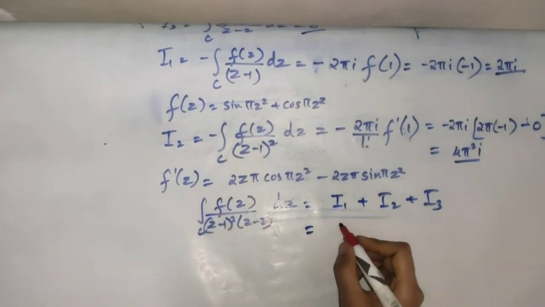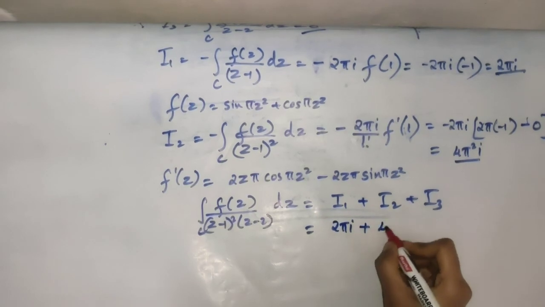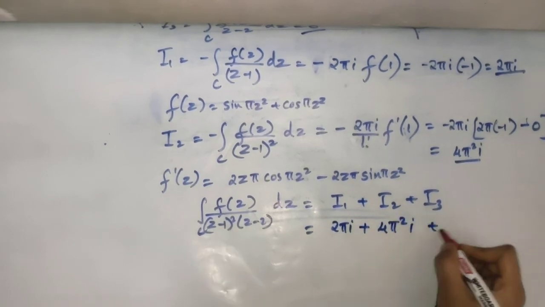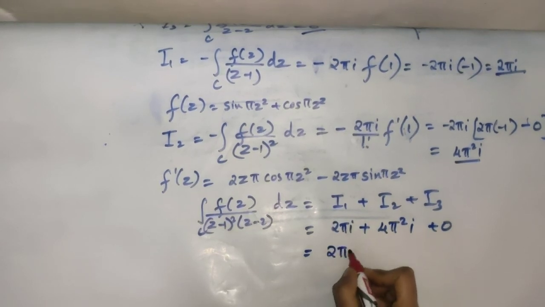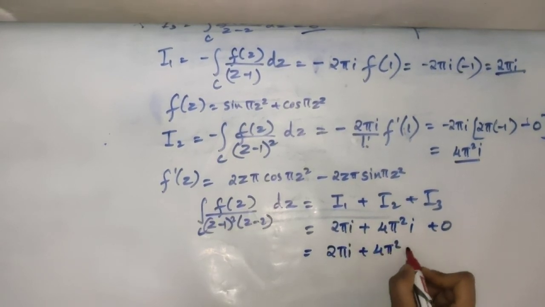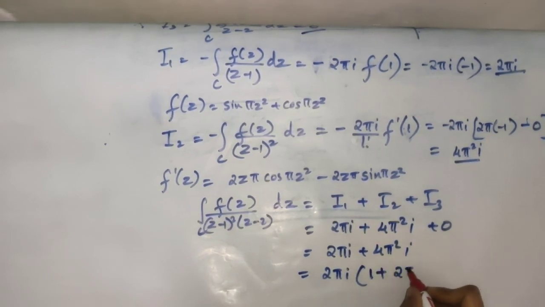The I1 value we got to be 2 pi i and the I2 value we got to be 4 pi square i. So let us add all together. You see that it is 2 pi i plus 4 pi square i. You can take 2 pi i common. You will get it as 1 plus 2 pi. Okay. This completes the solution for this problem.